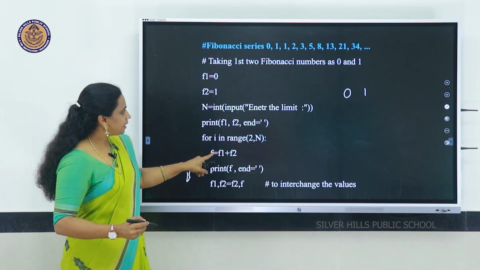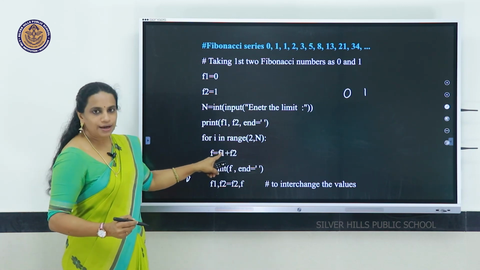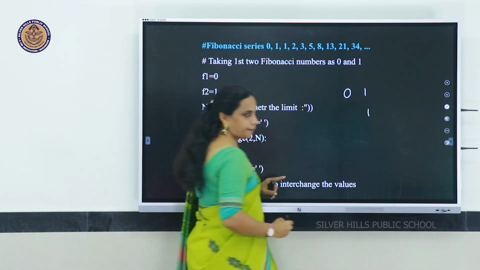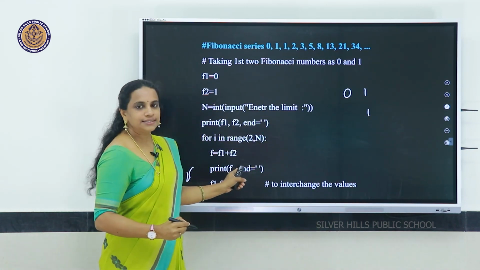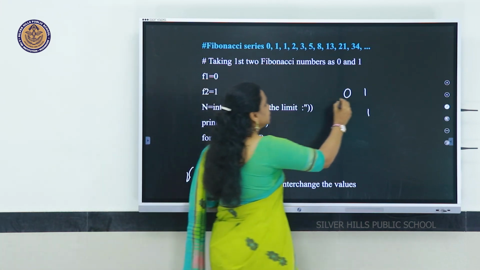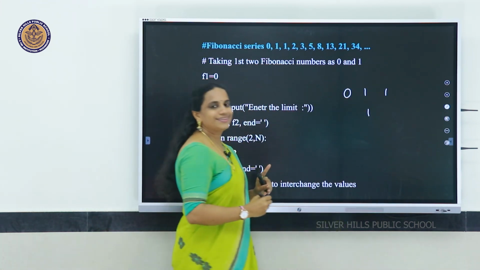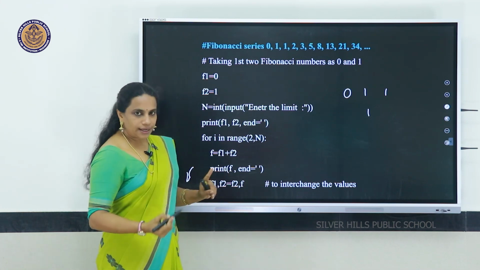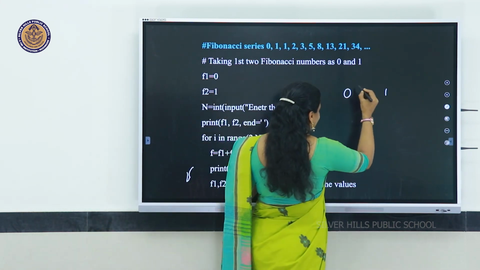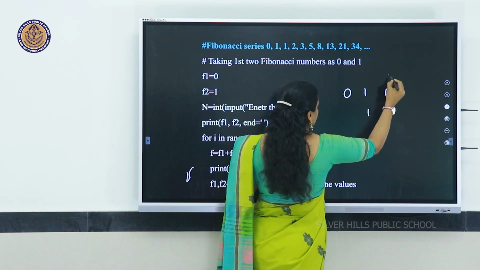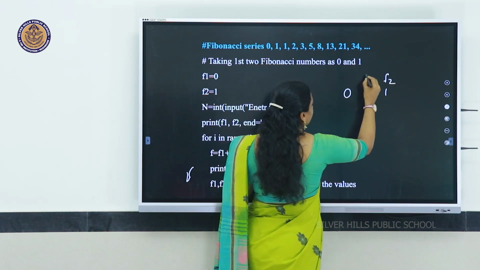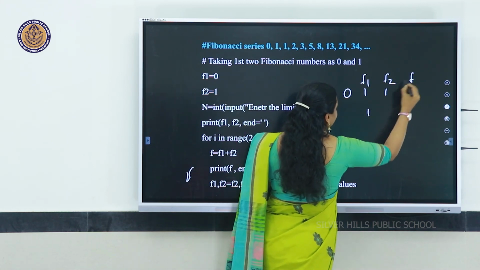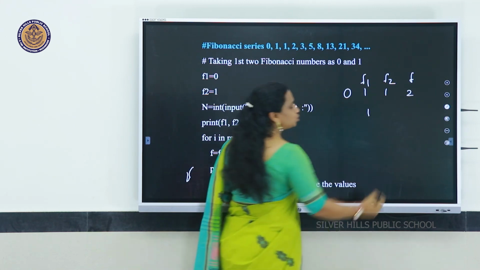Now, inside this, f is equal to f1 plus f2, that is 0 plus 1 is equal to 1. Now, you can print that Fibonacci number, the next Fibonacci number. Next time, as I told you earlier, this number will become f2 and this number will become f1, that is f1 plus f2 is equal to f, 1 plus 1 is equal to 2.